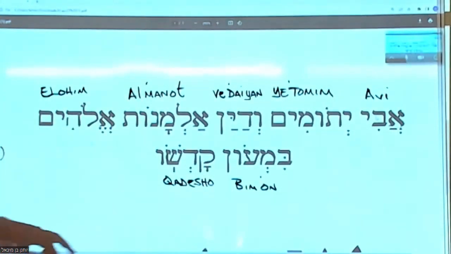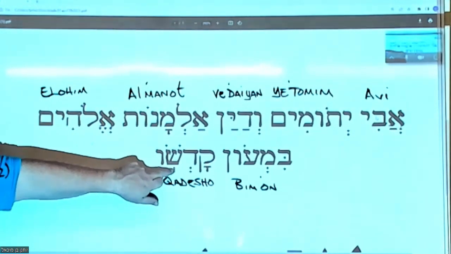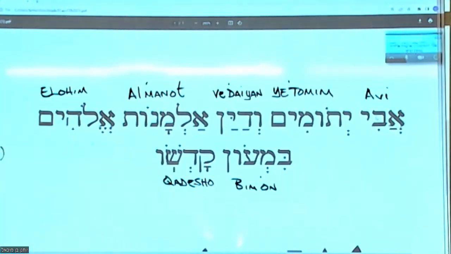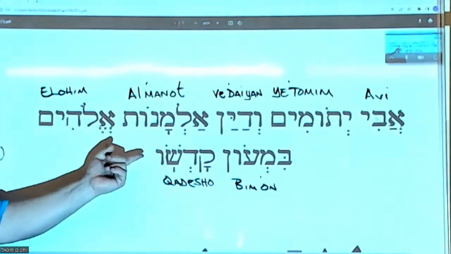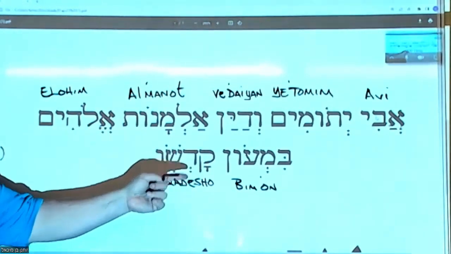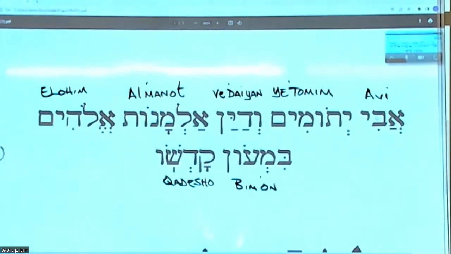That's another vowel point called a meteg, and all it really does is tell us where to put the stress on this word. So it's on the end. Most Hebrew words have the stress on the last syllable. And it's the same thing here. But they want you to pronounce it kadesho. Give it a little oomph, right?